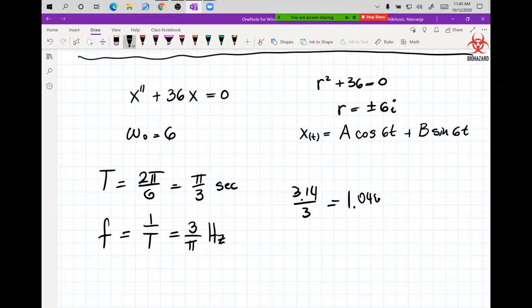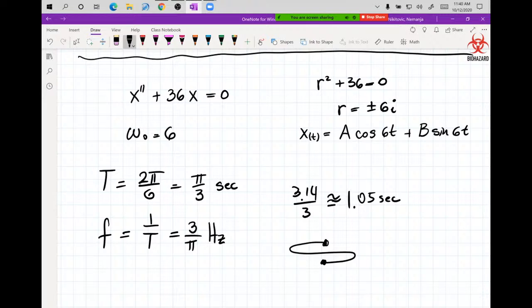So what period means is that this particular motion in its entirety repeats roughly every second. So if it takes the object 1 second to go and back to its position, roughly 1.05 seconds, right?